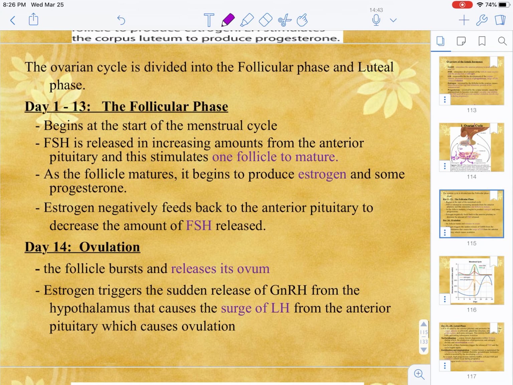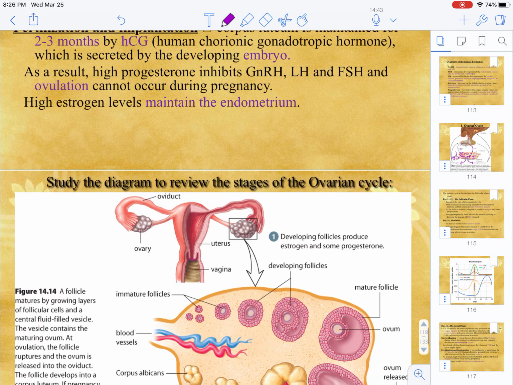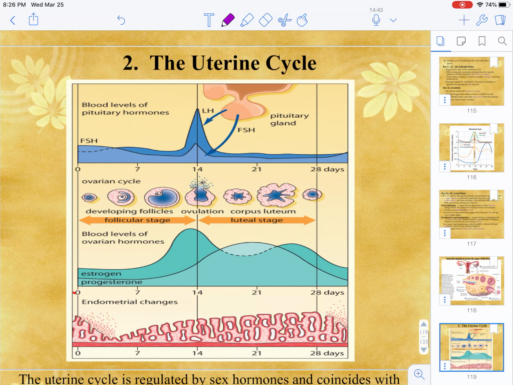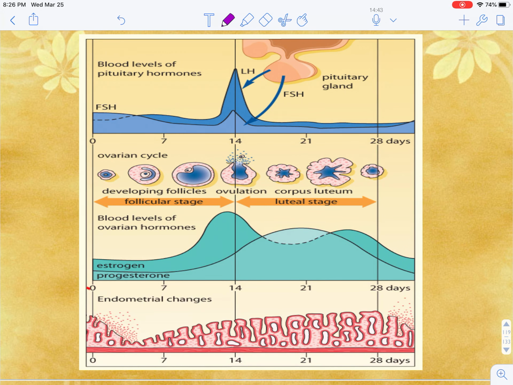So as we talk about the follicular phase and ovulation and luteal phase, I want to look at this graph really close up here. And this will be the most important part of today's lesson on finishing off chapter 14. As you can see, we're involving what happens at the brain and how it affects the inside of the ovary here, where the egg is developing.